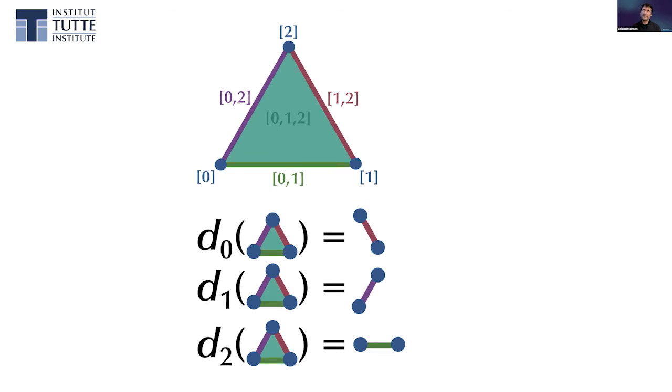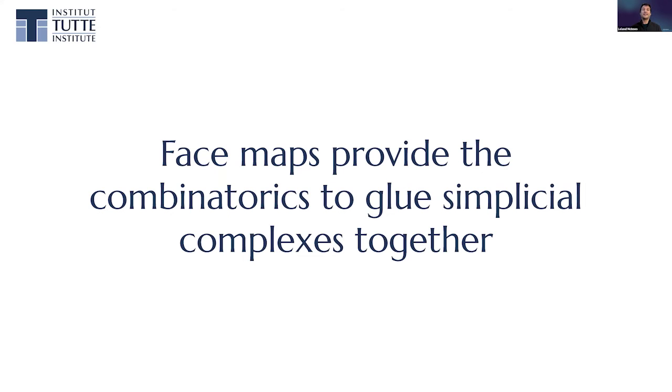And so we're doing this purely combinatorially, and this is nice, but these face maps provide the combinatorial glue for simplicial complexes. We can flip the whole thing around and actually take the simplices themselves as primitive objects, not composed of 0 simplices, but simply things in and of themselves.